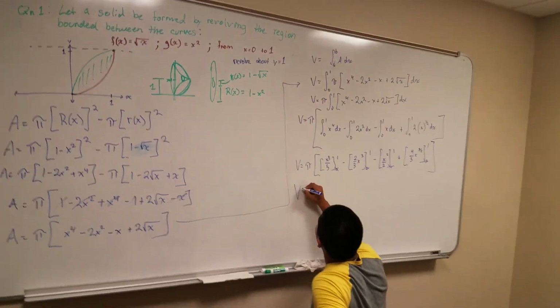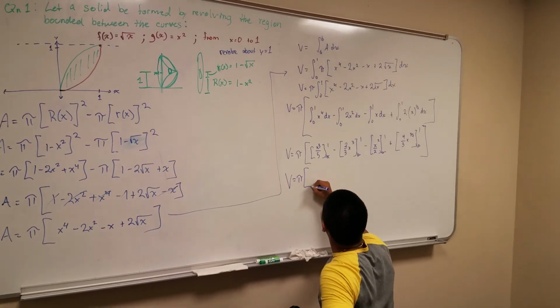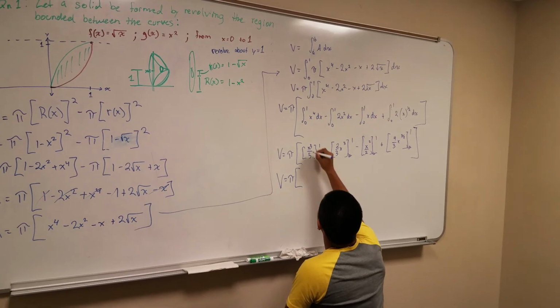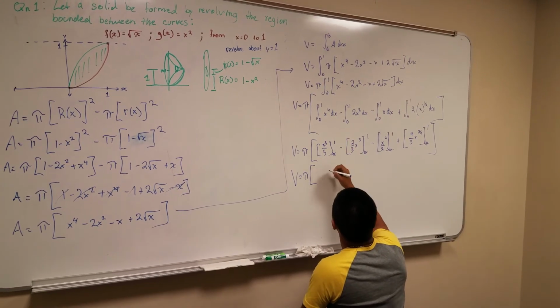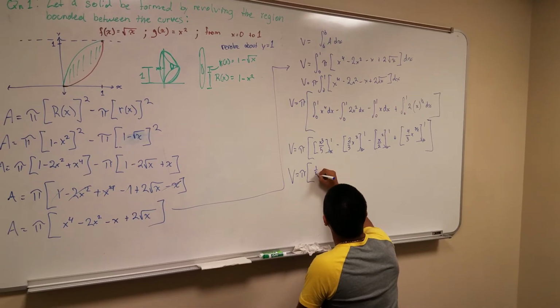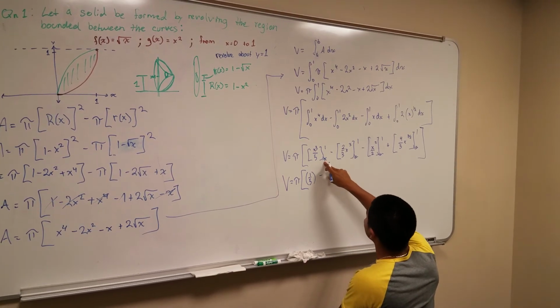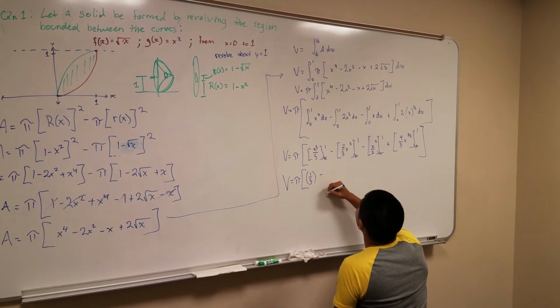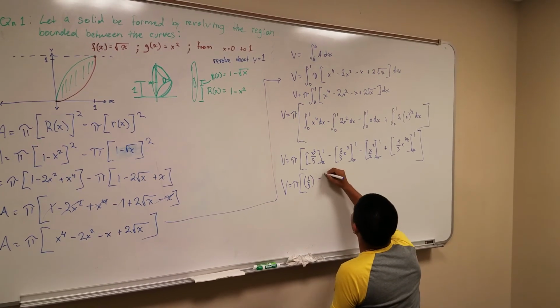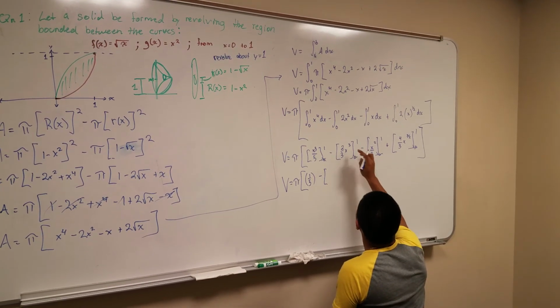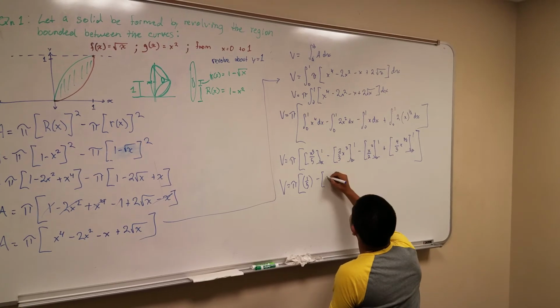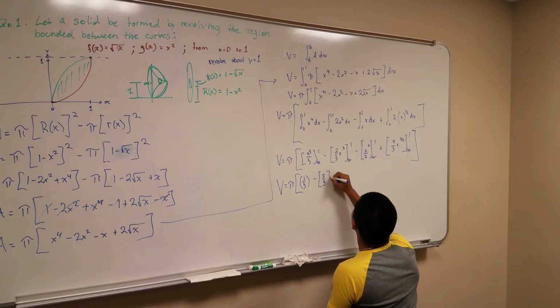is V is equal to pi times: 1 to the 5th is 1, divided by 5 is 1/5, minus, and we neglect the 0 because 0 to the 5th is 0. Then 1 cubed is 1, so it's going to be 2/3.